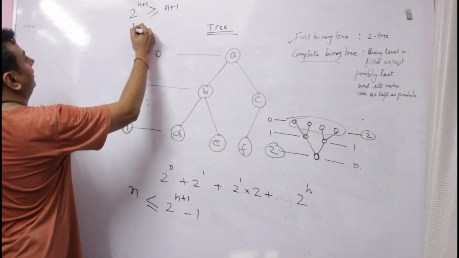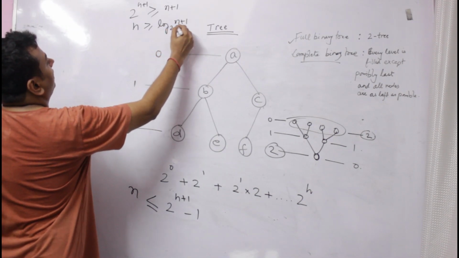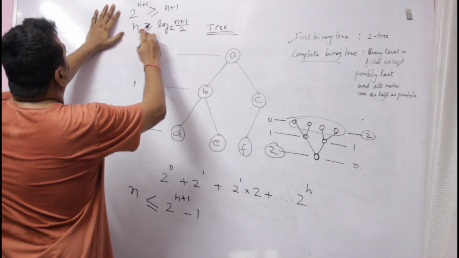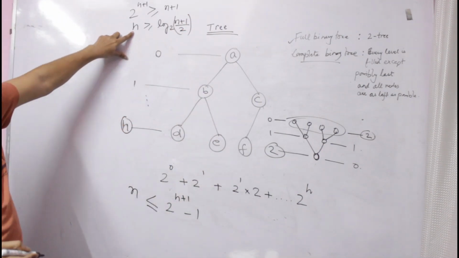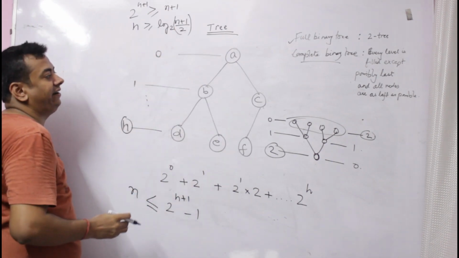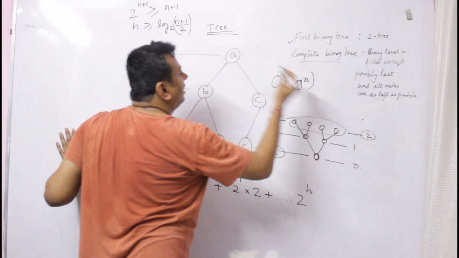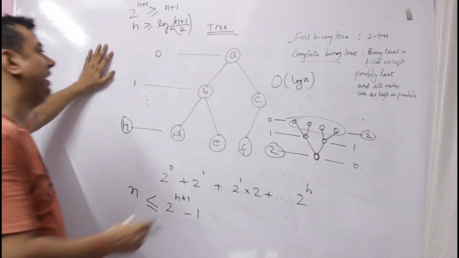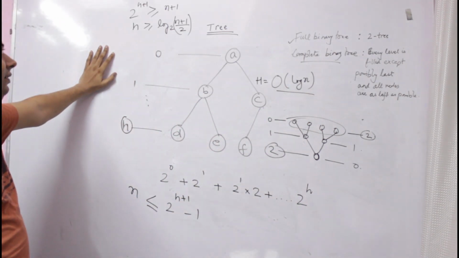Height is log 2 of (n plus 1) upon 2 raised to power h divided by 2. Yes, this is height. So we can say the height of any tree is in the order of log of n. So if you have n elements in the tree, the height will be order of log n, right?